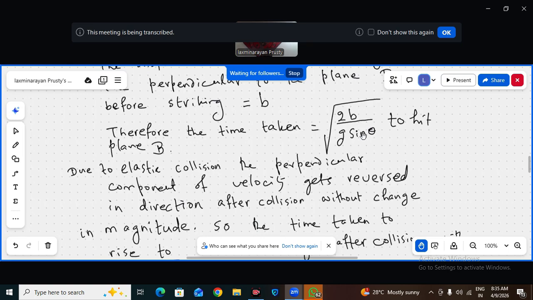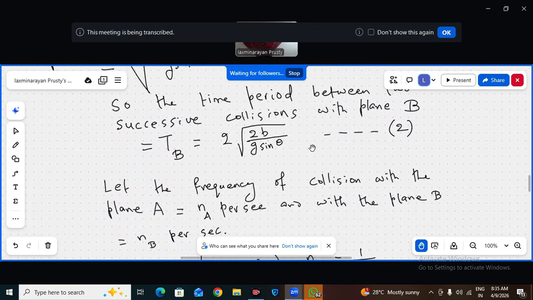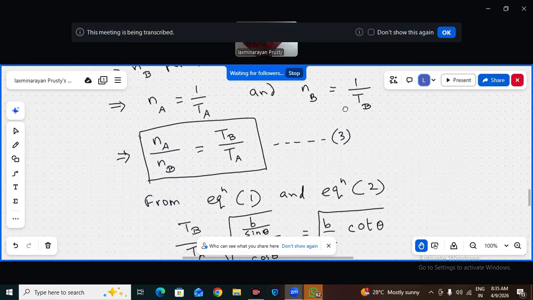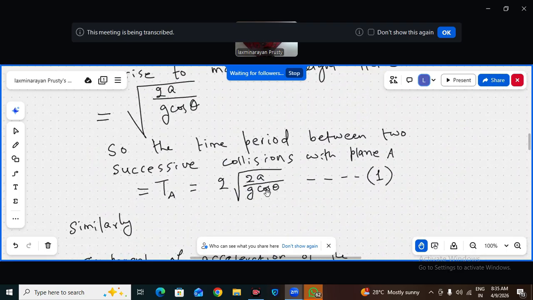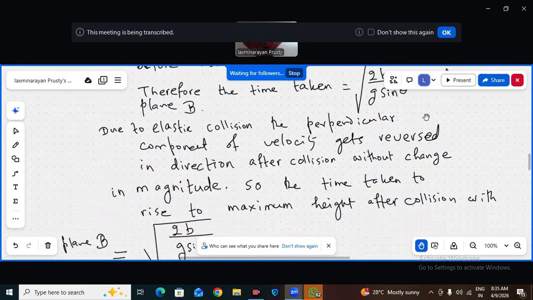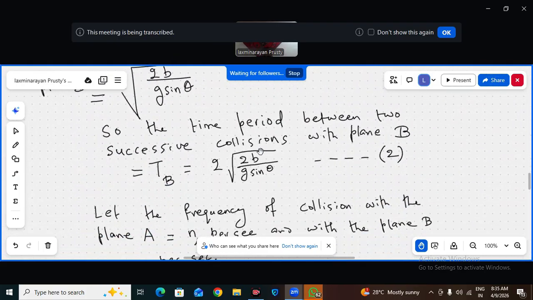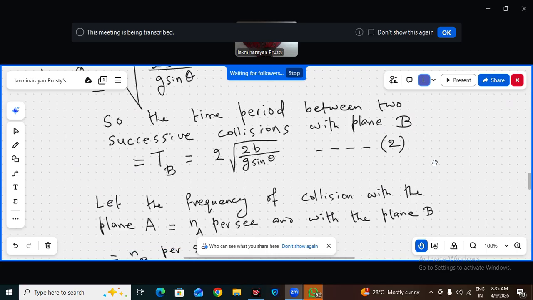So here 2 by g is the same in both the cases. So b by sin theta here is the TB, TA is a by cos theta, rest of the terms are the same.